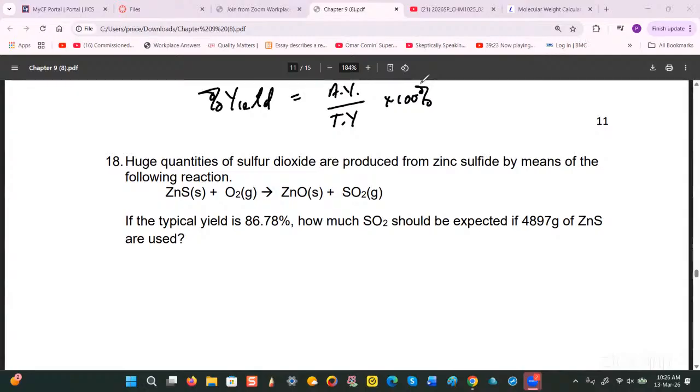let's look at question number 18. It gives you the balanced equation. Well, no, this equation is not balanced actually, so you have to balance it first. So let's do that first. How would you balance this equation?